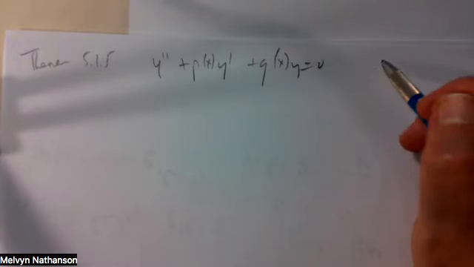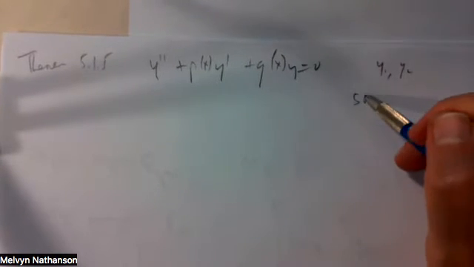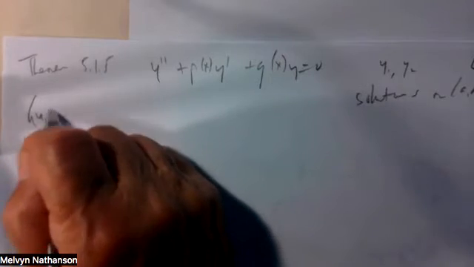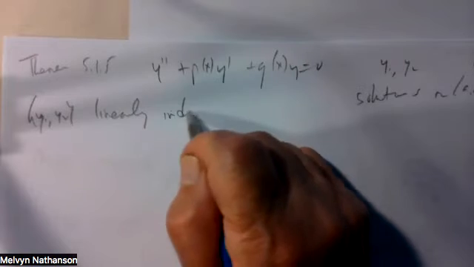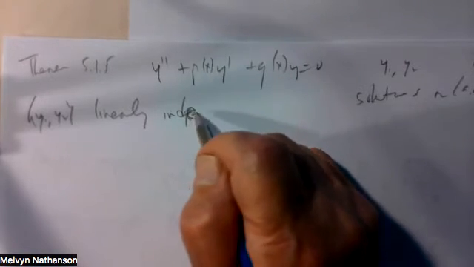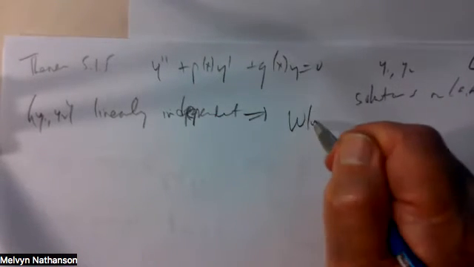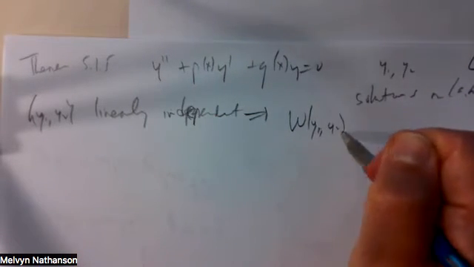with solutions y1, y2, these are solutions on the open interval from A to B. Y1 and Y2, these two solutions are linearly independent if and only if the Wronskian of y1 and y2 is different from 0 for all x.